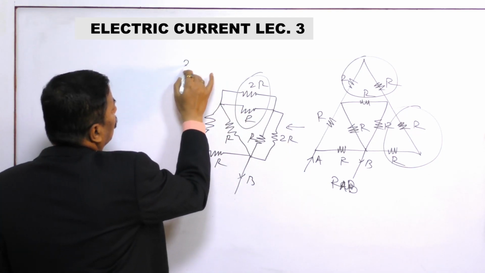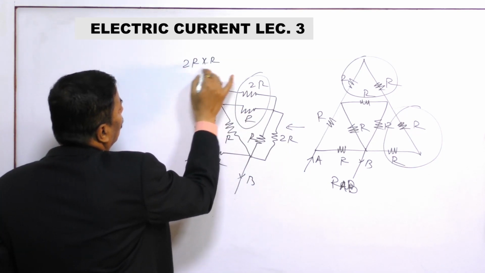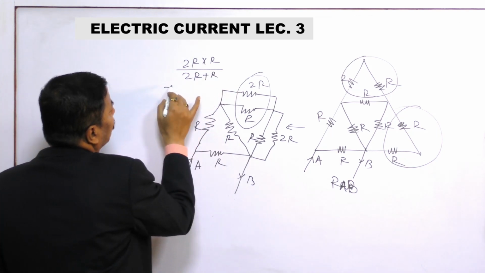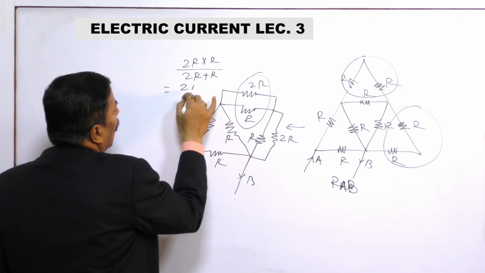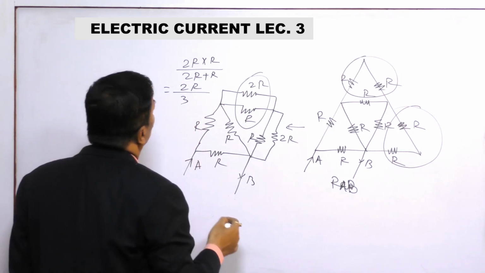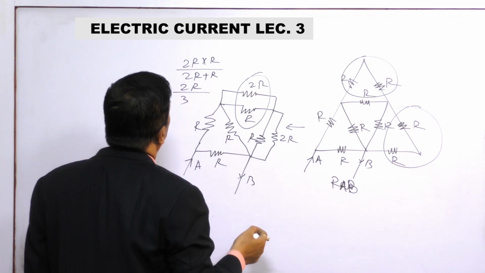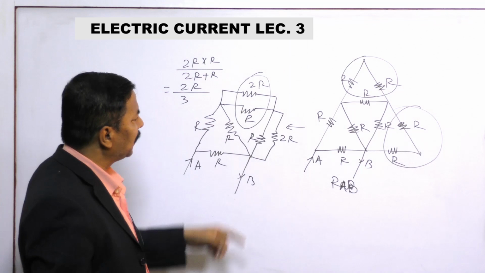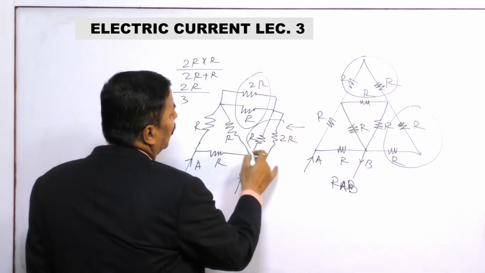Product by sum: 2R into R by 2R plus R, that is 2R by 3. So these two can be replaced by 2R by 3.